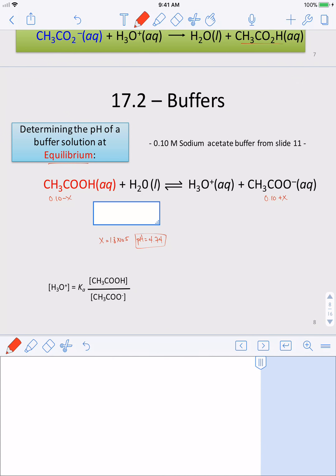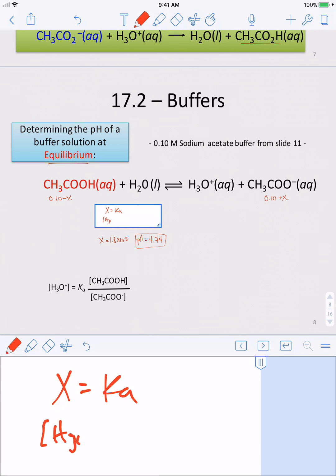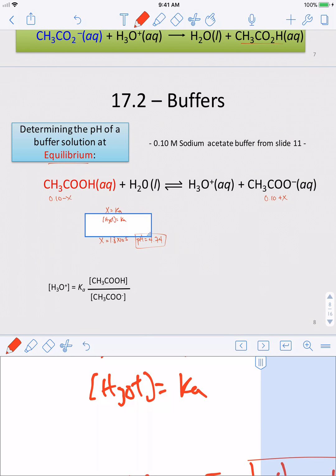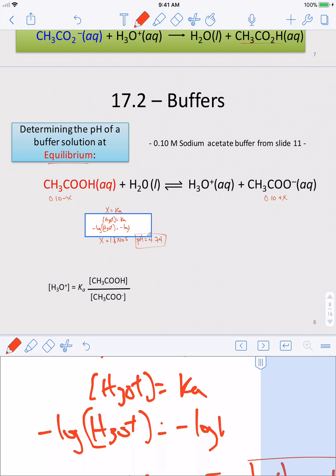Because x was equal to Ka in that case, we solved for x, and x was equal to Ka. X is also equal to H3O plus, which is equal to Ka. If we take the negative log of both sides, we get negative log of H3O plus, and we get negative log of the Ka.